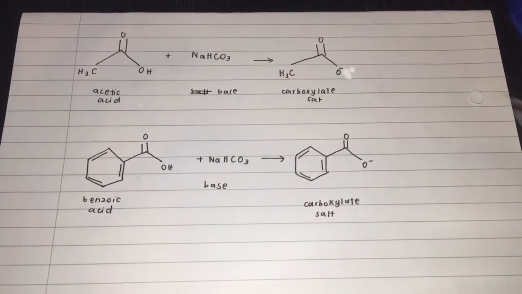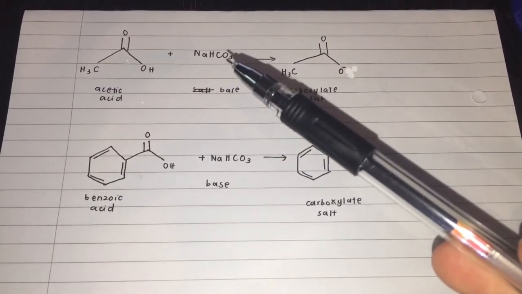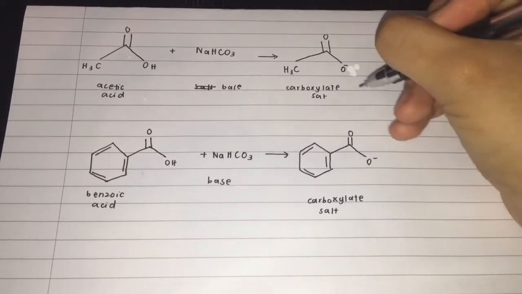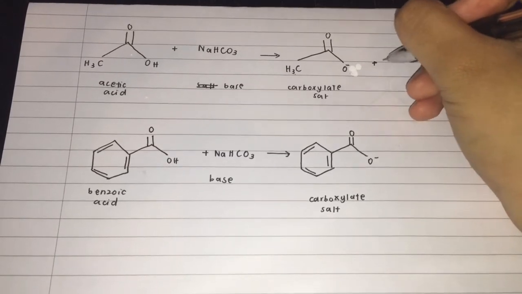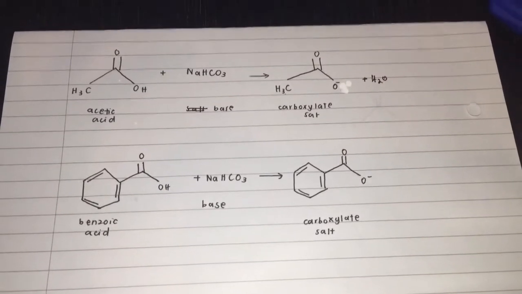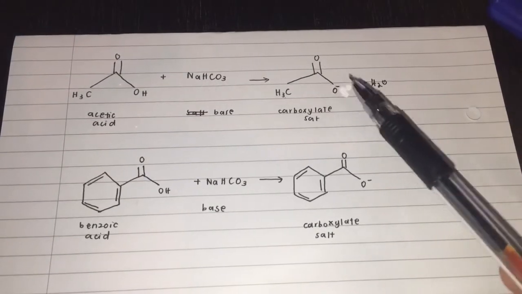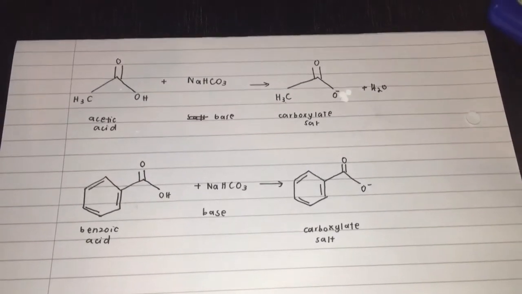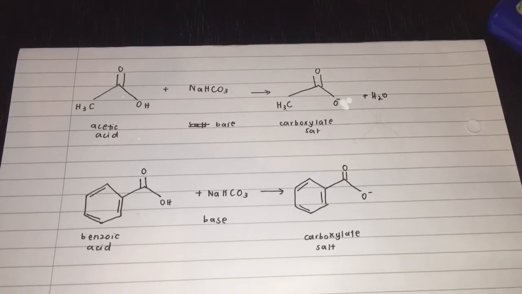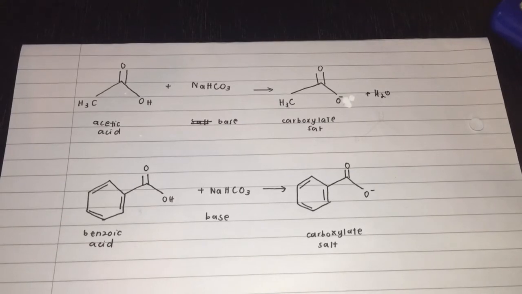The H+ that had been donated will then combine with OH negative from the base and produce water, H2O. And then we can't have this anion hanging around by itself, so we need to pair it up with a cation. Where do we find the cation? The cation is from the base, the Na.